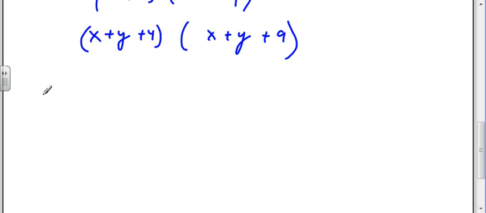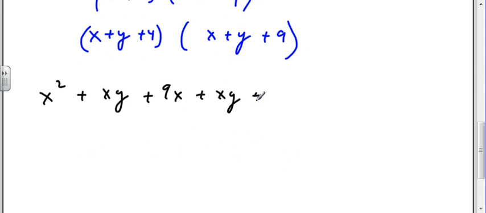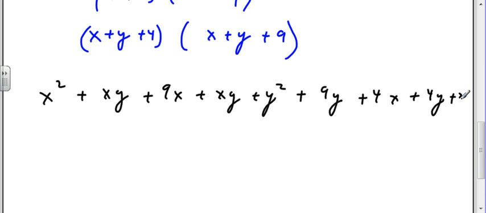Okay, so I've got x squared plus xy plus 9x plus xy plus y squared plus 9y plus 4x plus 4y plus 36.